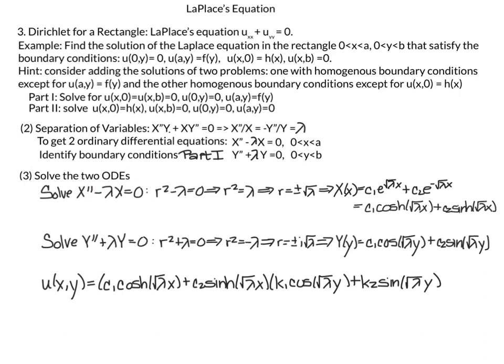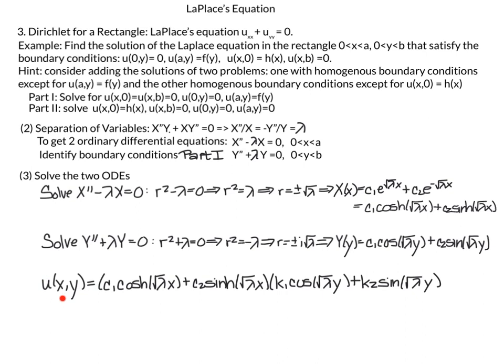It's the same differential equation, the same separation of variables as our previous problem. So I have c1 cosh(√λ x) + c2 sinh(√λ x). And then I solved for y, which is c1 cos(√λ y) + c2 sin(√λ y). And remember, these c2s are not equal, these c1s are not equal.